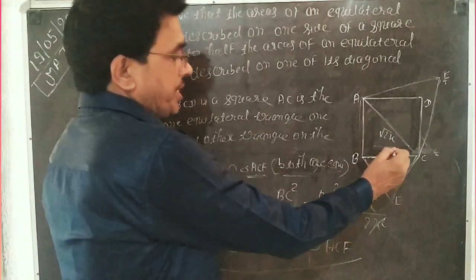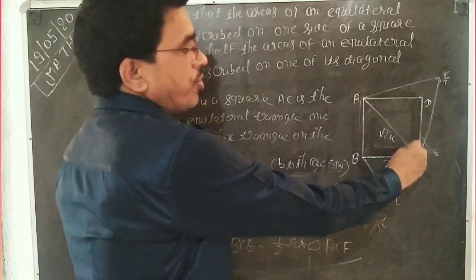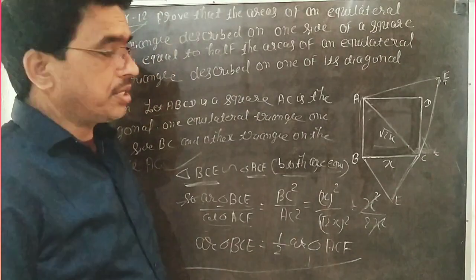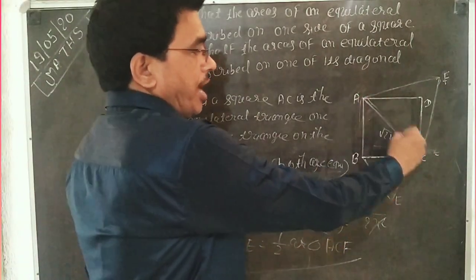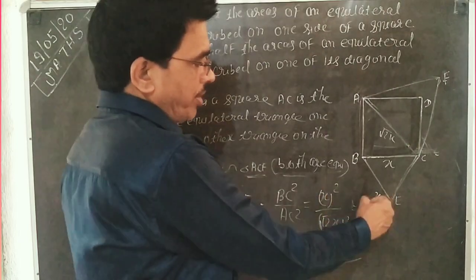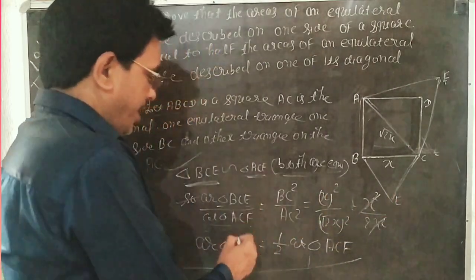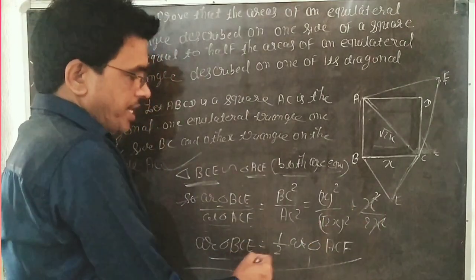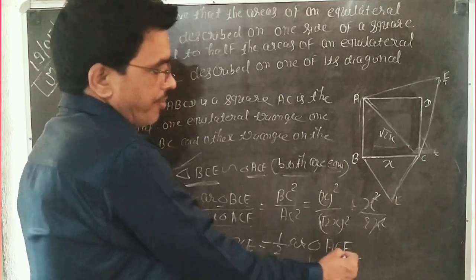Suppose BC be x and AC be root 2 x, because the diagonal of a square is root 2 into the side. Side be x, then diagonal is root 2 x. So I put their values: x square by (root 2 x) whole square, that is 1 by 2. Then ACF goes to this side, that is, area of triangle BCE is equal to half area of triangle ACF.